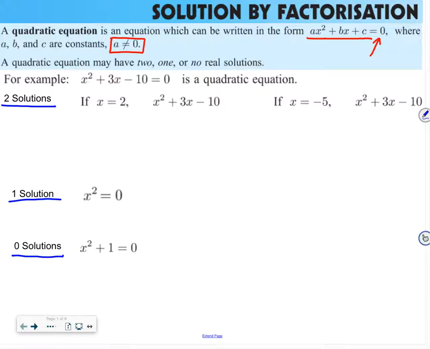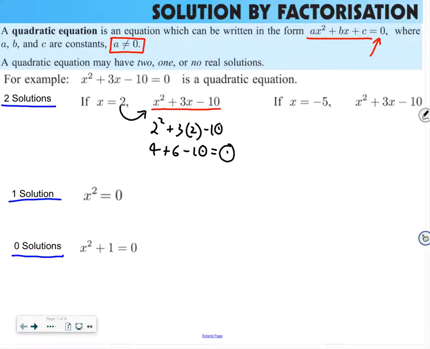So an example here for the quadratic x squared plus 3x minus 10, if we put x being 2 into this equation, we get 2 squared plus 3 times 2 minus 10. We get 4 plus 6 minus 10, which is equal to 0.